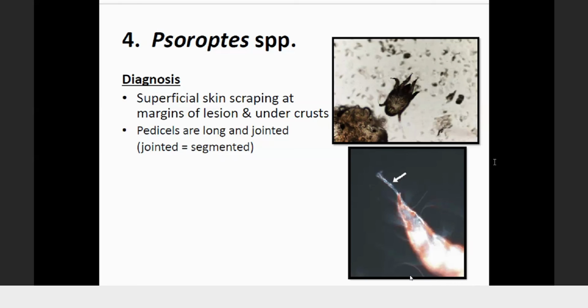As you know, the middle is already dead skin, so they might be feeding on the edge. So that's why we need to scrape at the edge of the lesion.